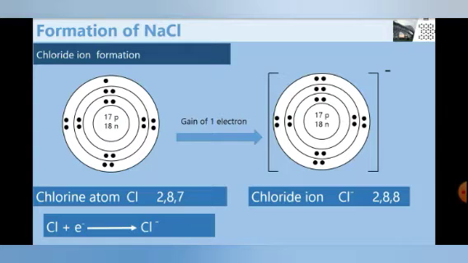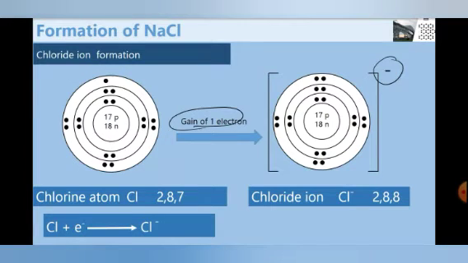Next, we have chloride ion formation. Since sodium chloride has both sodium and chlorine, let us see how chloride ion forms. There is gain of an electron to form chloride ion with a negative charge.